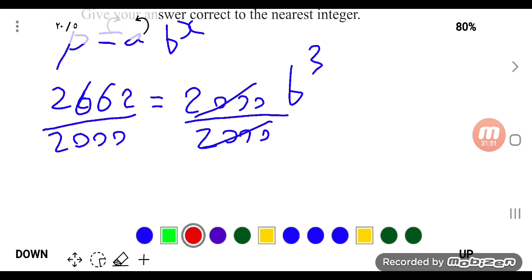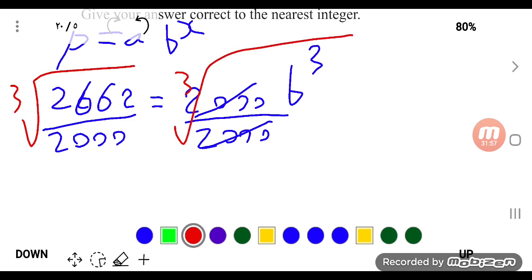Now you can do cube root for both sides. Cube root here and cube root here to cancel the cube. Then you get B is equal to, now you do here the cube root of this amount.